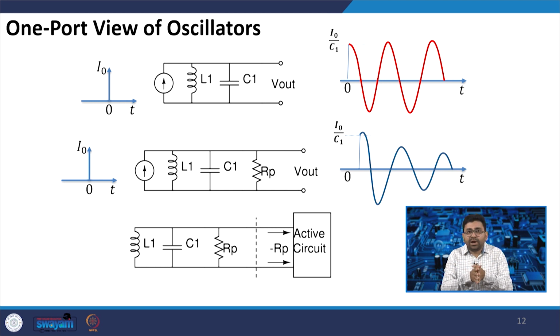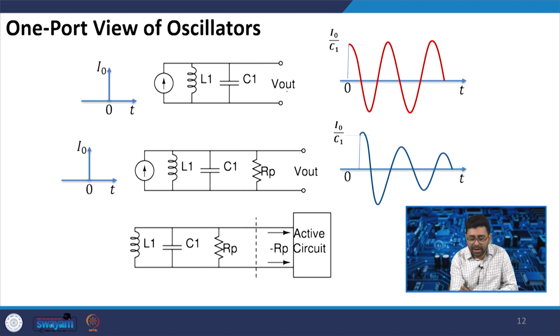Here it is denoted as an inductor L1 and capacitor C1. If you just apply one pulse I naught of current, then that current will generate a voltage that is around I0 by C1 at V out.